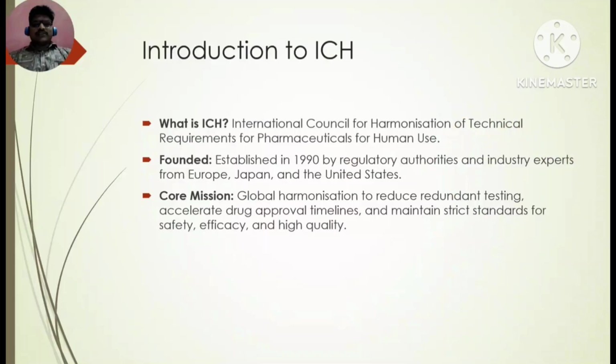Introduction to ICH. What is ICH? International Council for Harmonization of Technical Requirements for Pharmaceuticals for Human Use. ICH was established in 1990 by regulatory authorities and industry experts from Europe, Japan, and the United States.